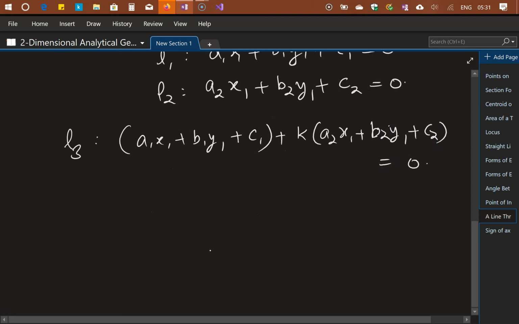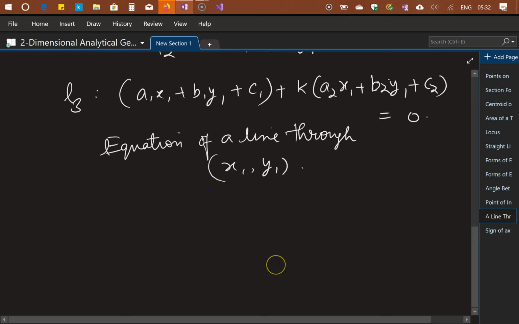Now as we have seen before, this is nothing but the equation of a line through (x1, y1). So to figure out the equation of a line passing through the intersection of 2 other lines, we just do this.